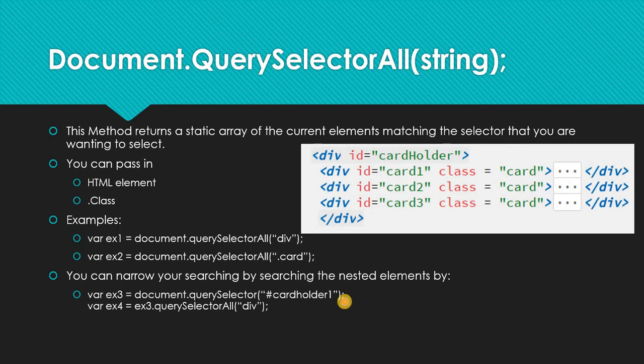You can then query for the card holder there, and then using that as the new document, or the new part you're searching, this will only return the 3 cards here that you're looking for.